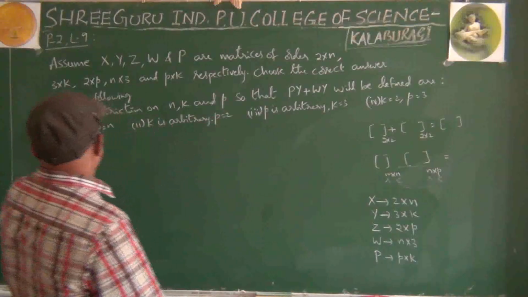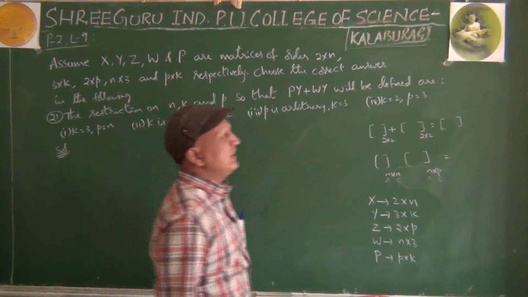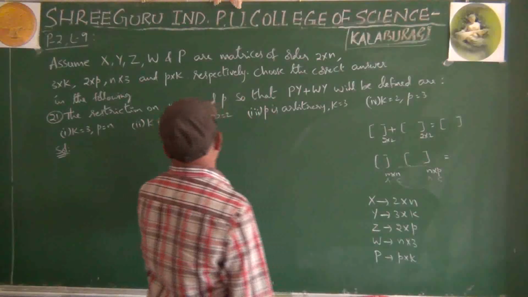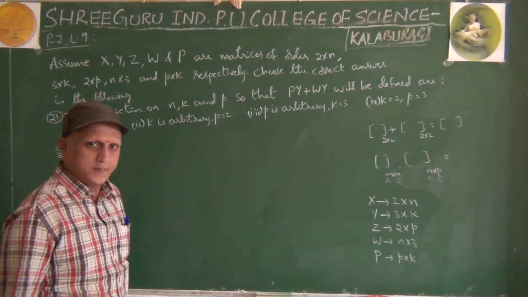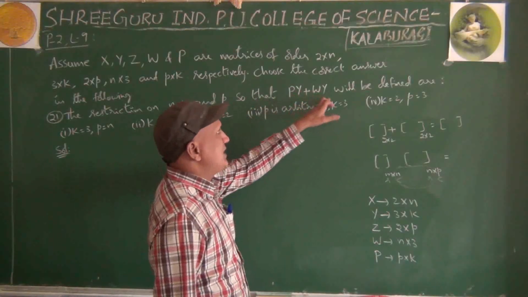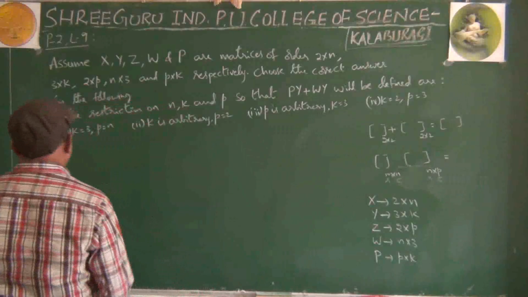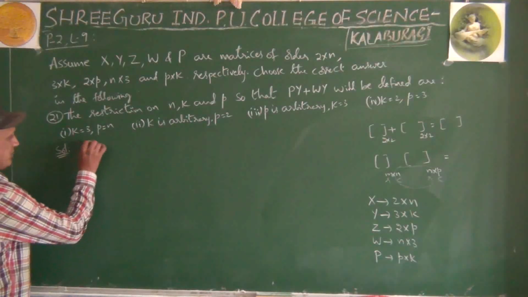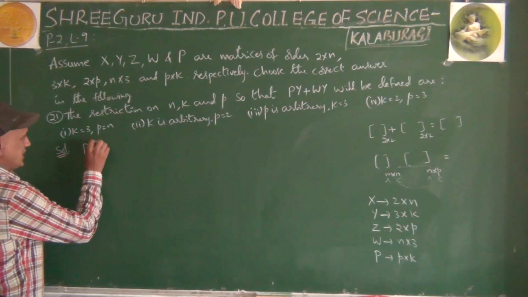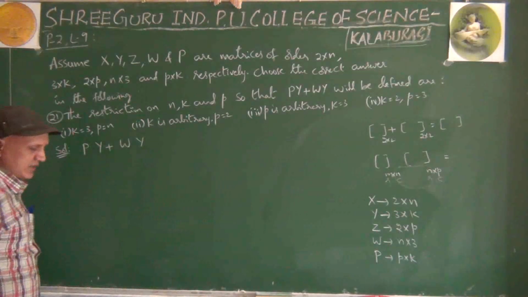This is the question. The restriction on n, k, p means indirectly they are asking us to find the values of n, k and p so that PY plus WY will be defined.